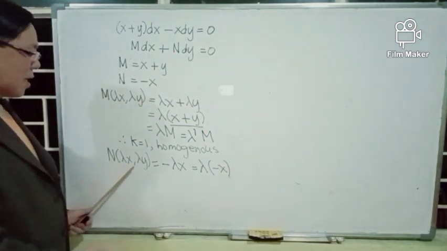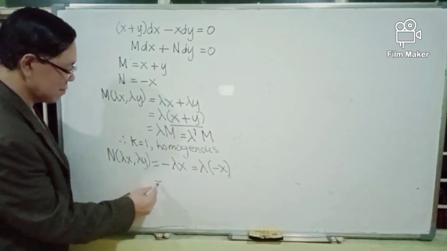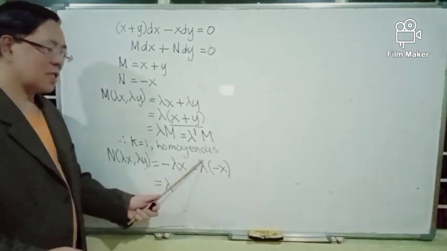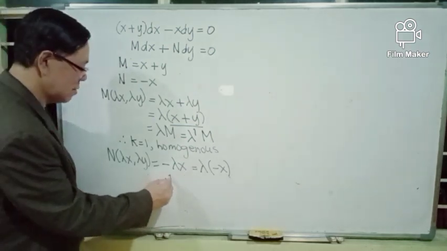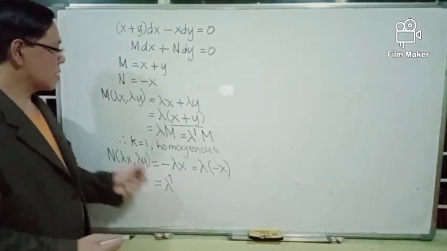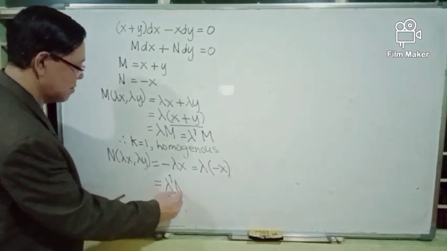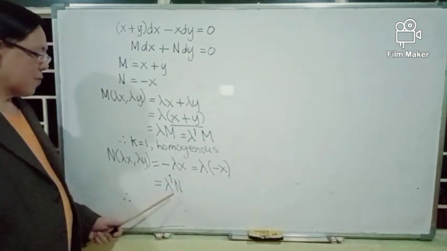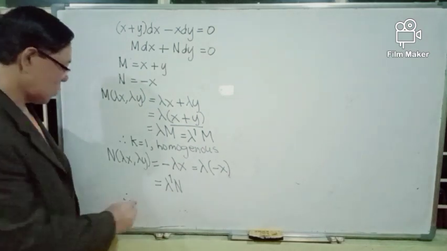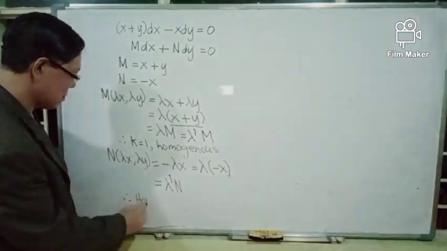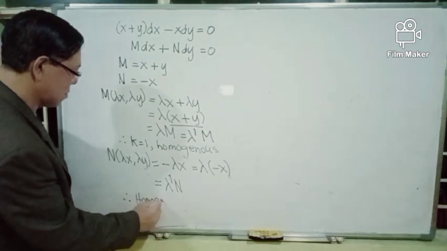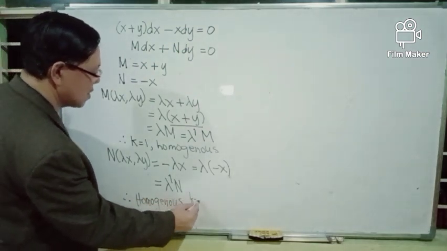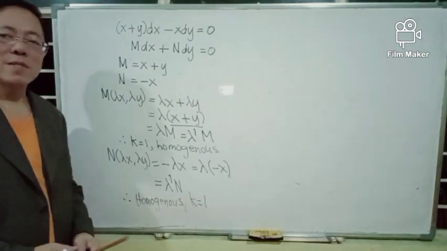Hence, N of lambda x, lambda y equals lambda, with exponent 1, times negative x, which is the function N. Therefore, the function N is also homogeneous of the same degree 1.